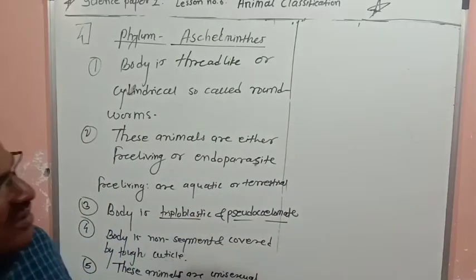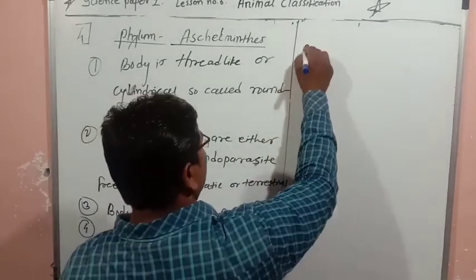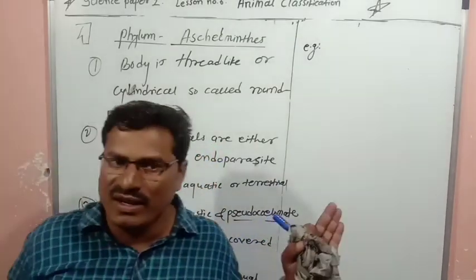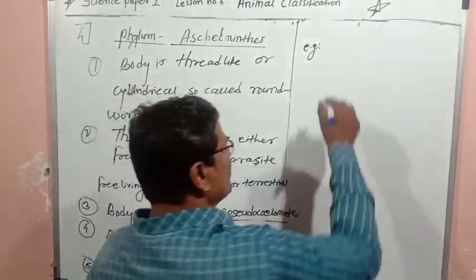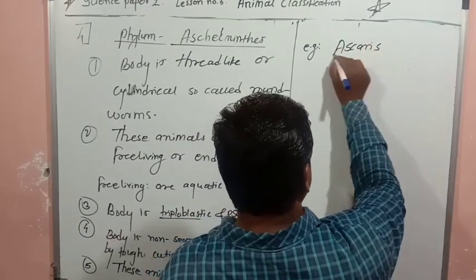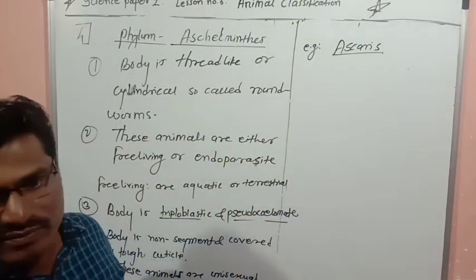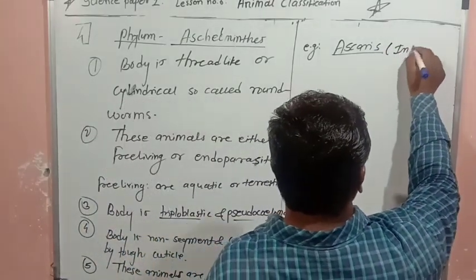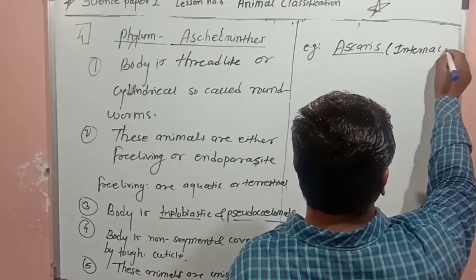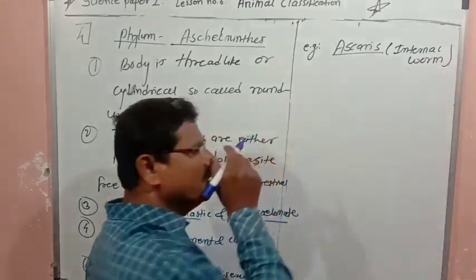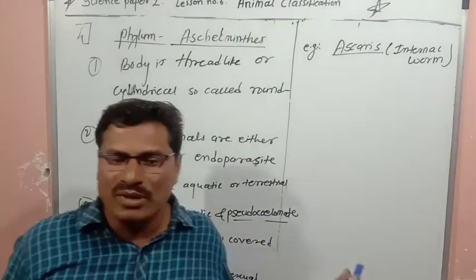And the last point is the examples. Which are the examples? The first one is Ascaris, also called the intestinal worm. The second example is the filarial worm.